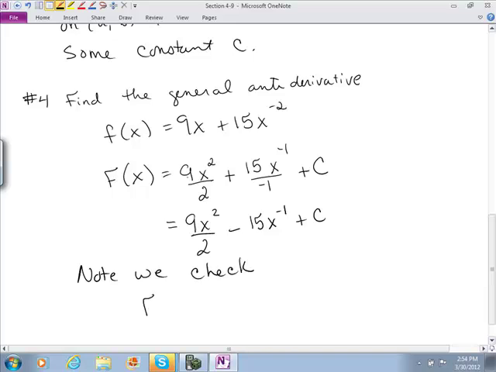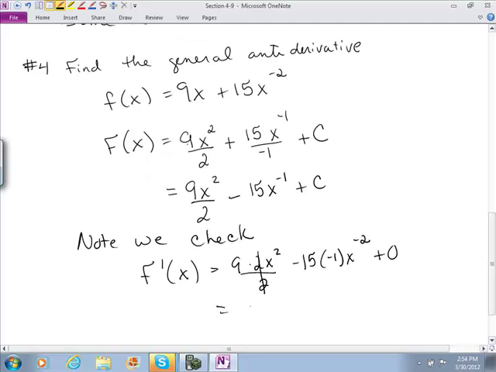by doing big F prime of x, all right? Well, the 2 would come in front. You'll have 9 times 2x squared divided by 2, so those are going to cancel. And then the negative 1 comes in front, 15 times negative 1, x to the negative 1 minus 1, which is negative 2. And then plus the derivative of the constant, which is 0.